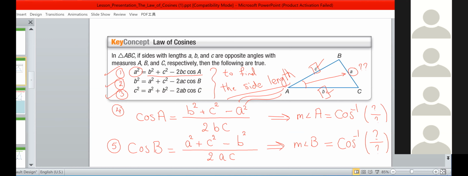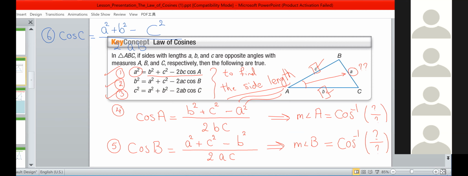This is number 6, cosine C. So I write cosine C here is equal to a fraction: A power 2 plus B power 2 minus C power 2, over 2 times AB. Excellent. The first 2 letters. Thanks, Tamim.